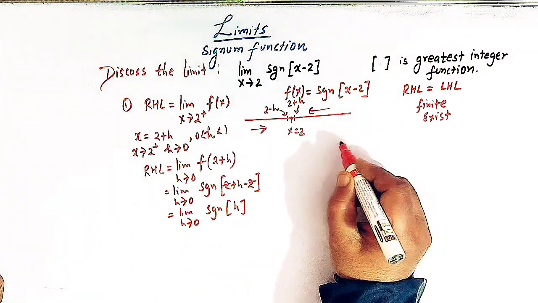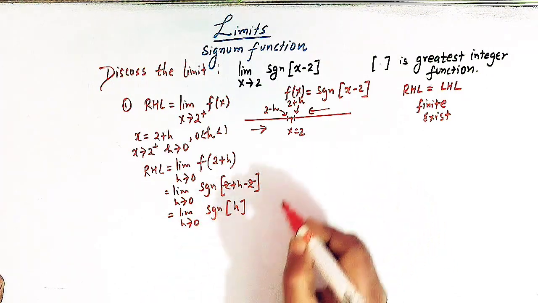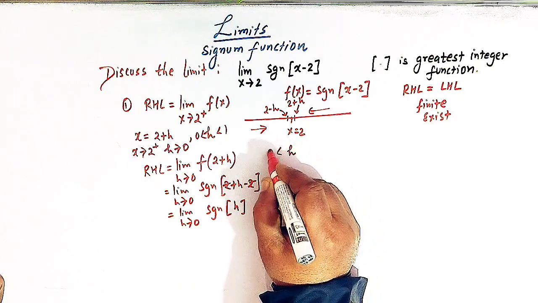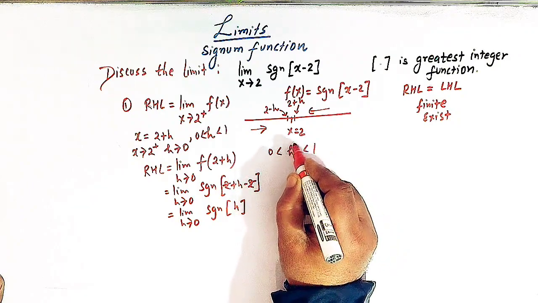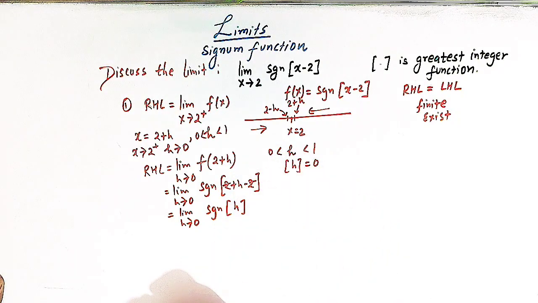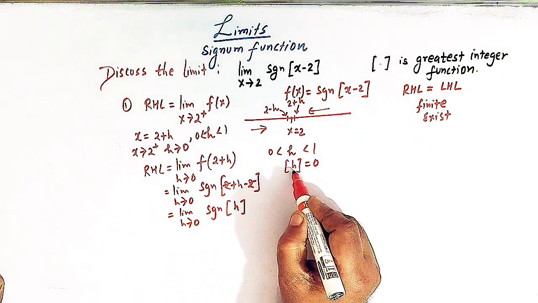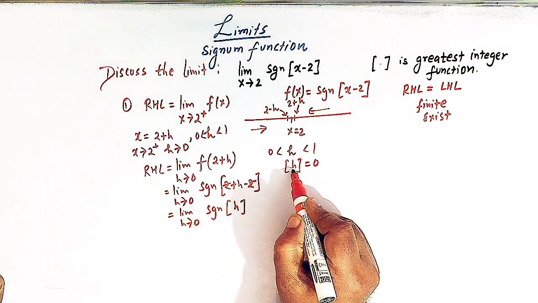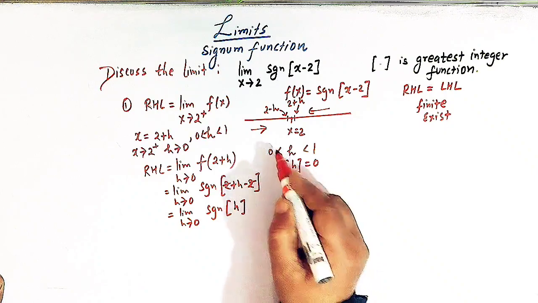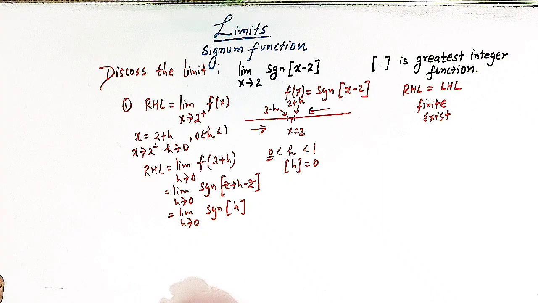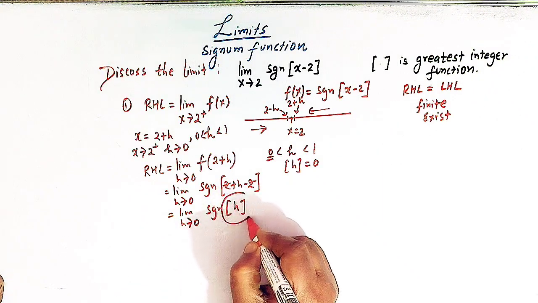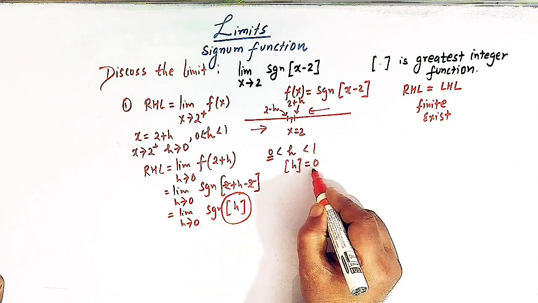So from the definition of greatest integer function, we can see that when h lies between 0 and 1, then the greatest integer of h should be equal to 0, right? Because the greatest integer of h that is less than or equal to h is this number, that is 0, right? So here we have the greatest integer of h as 0.